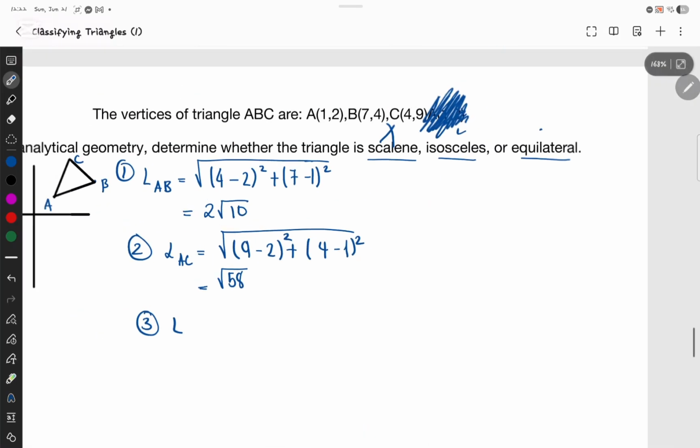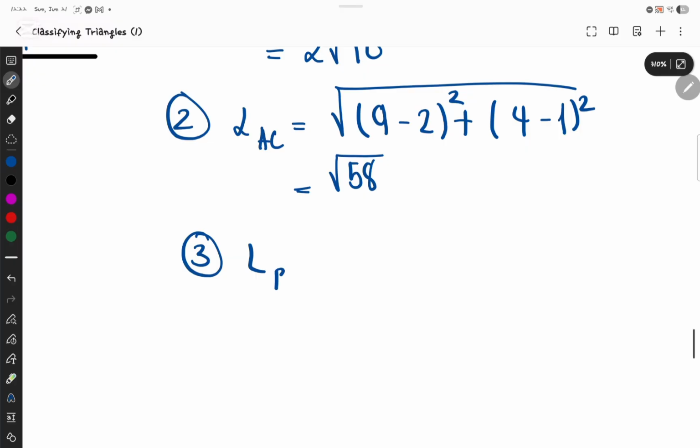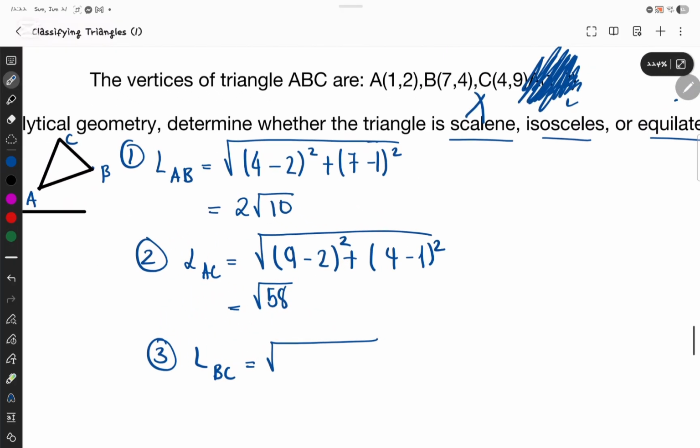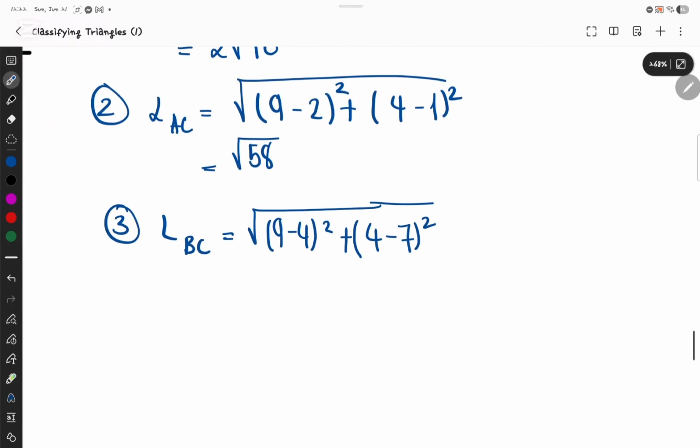Now you're going to find the length of BC. BC is going to be 9 minus 4 squared plus 4 minus 7 squared, which will output root of 34.